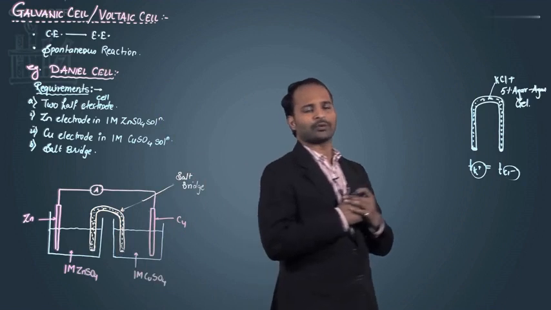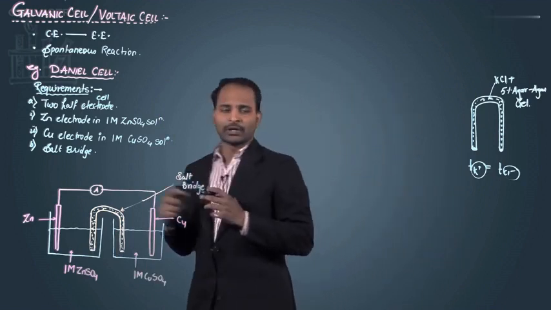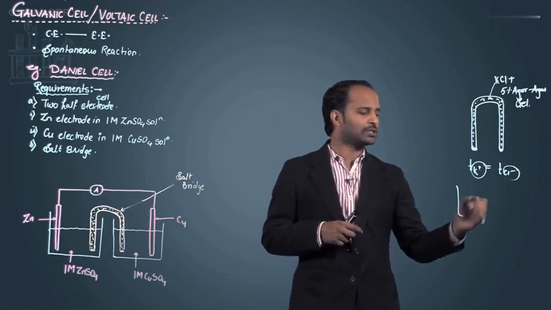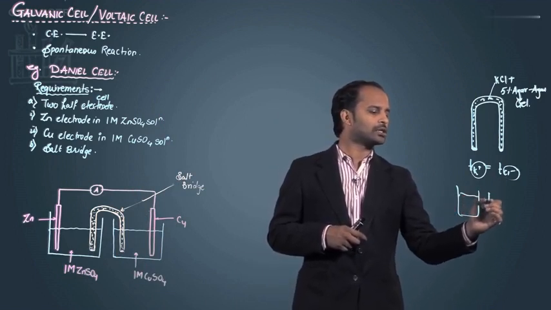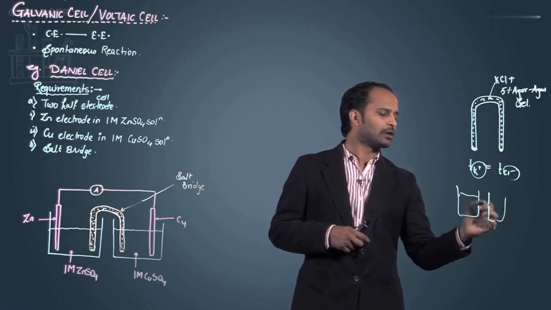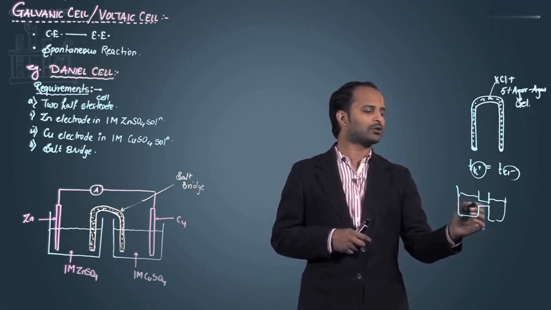But suppose these two liquids get into contact with each other directly, it will be something like this. Suppose there is one liquid in this container, there is another liquid in this container, and I'm mixing these two. This is one method by which we can make the contact.